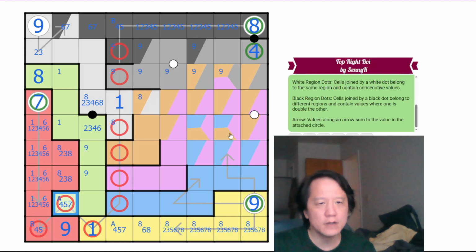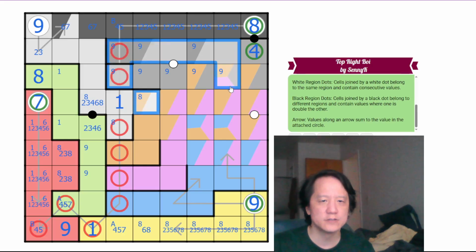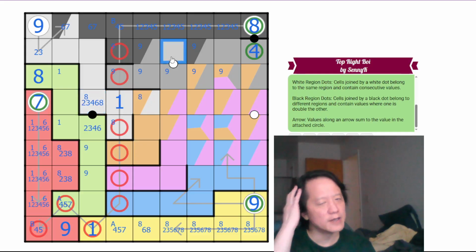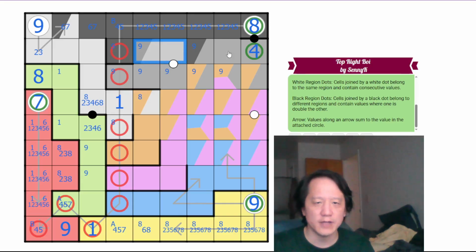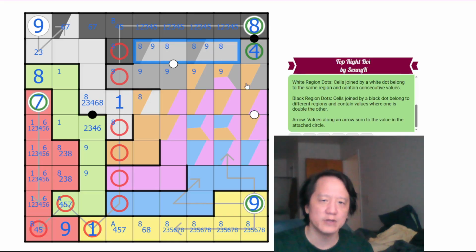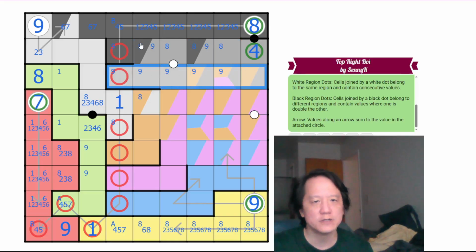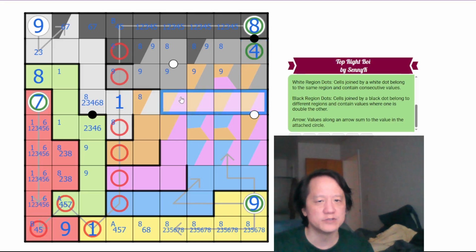Wait, 8 could be here also. No, because medium needs an 8. I don't know if I articulated that idea, but medium has to have an 8 in one of these cells because 8 cannot be here for that region, and this region can't go below this line here because this is the bottom left.